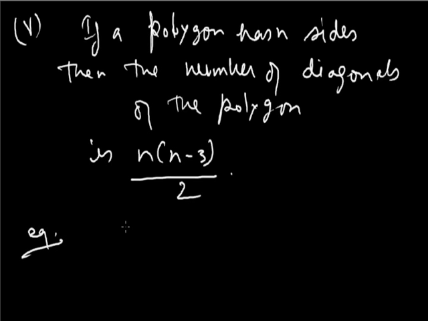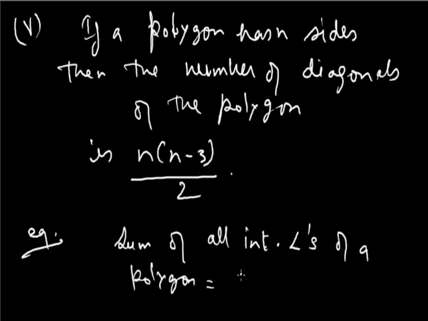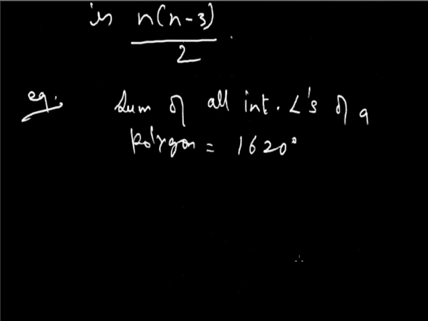If the sum of interior angles of a polygon is 1620 degrees, then find the number of sides. It is given that the sum of all the interior angles of a polygon is equal to 1620 degrees, and we have to find the number of sides of that polygon.